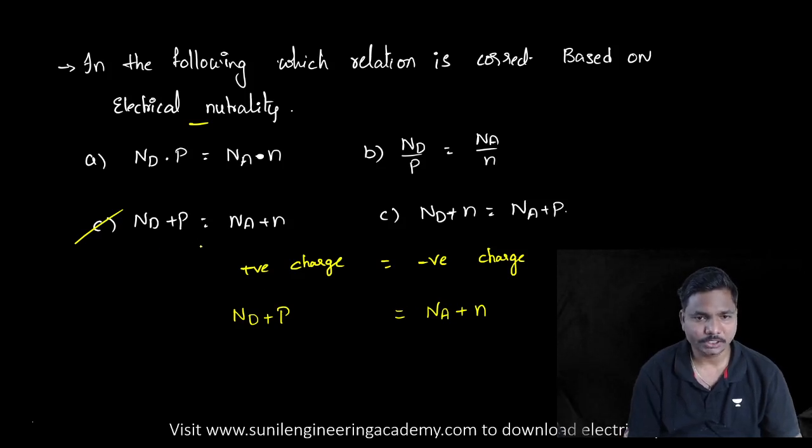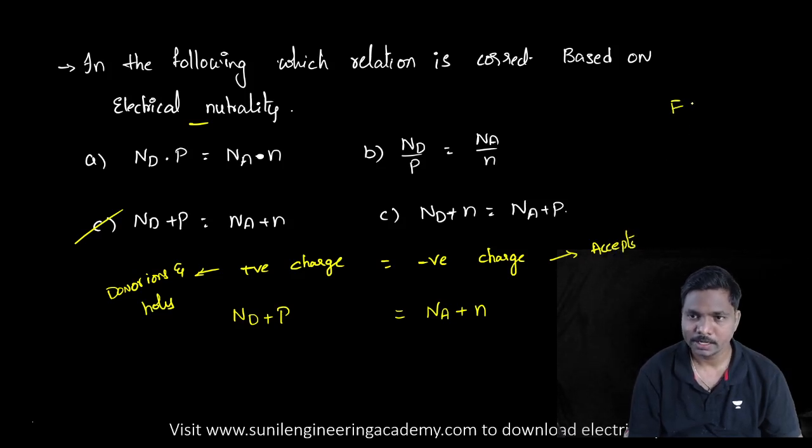Okay. So positive charge we are getting due to donor ions and holes. Negative charge we can get if anyone accepts one electron, it becomes negative. For example, fluorine attracts one electron, it becomes F minus. So whenever anyone accepts an electron, it becomes a negative charge.